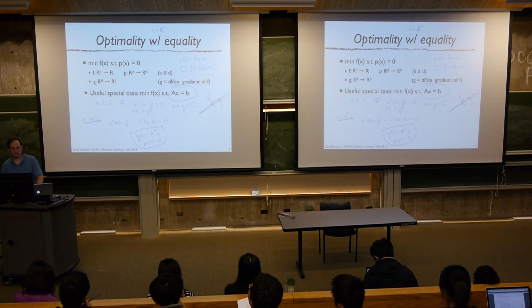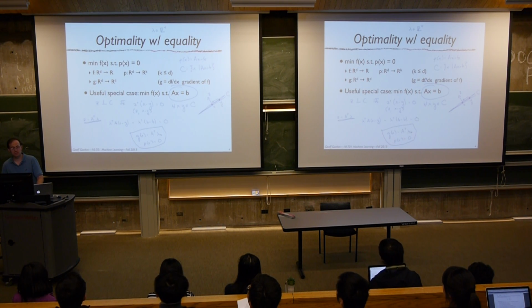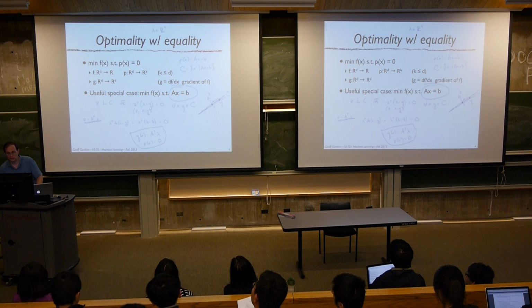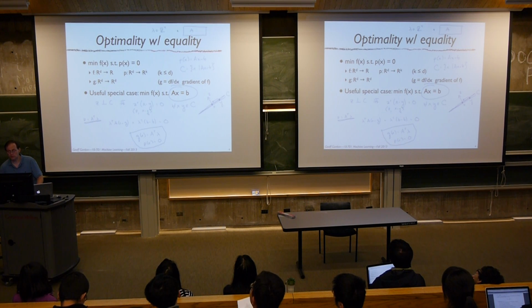A is K by D. Let me write this out. A should be shaped like this, with k rows and d columns.